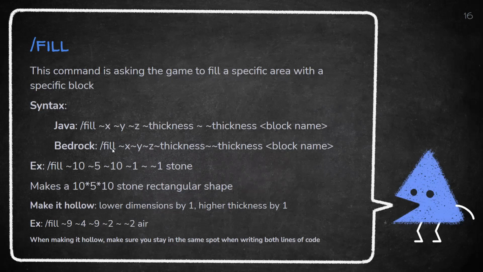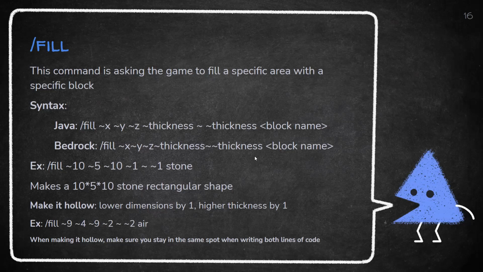And then Bedrock is basically the same exact thing, but there are no spaces needed. Except for the first one, but all of the rest, there are no spaces needed. An example is if I do /fill ~10 ~5 ~10, and then the thickness is 1, 1, and then I do stone.